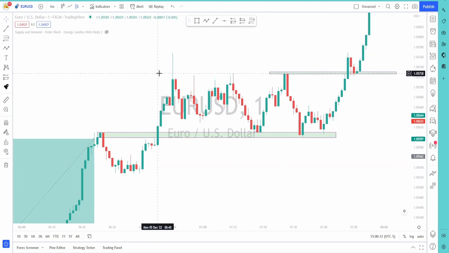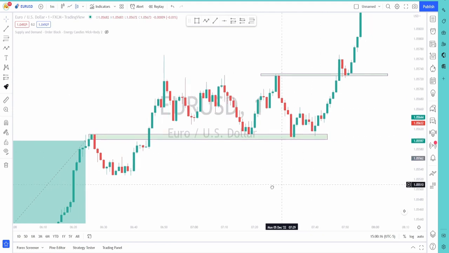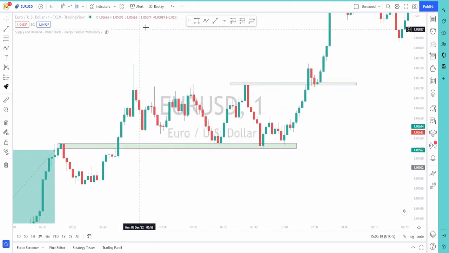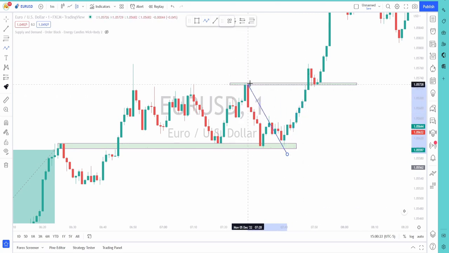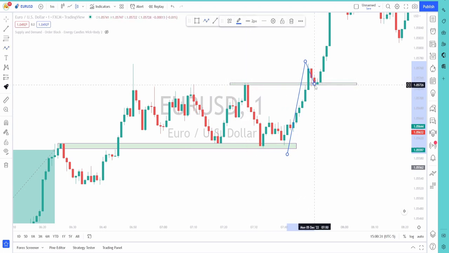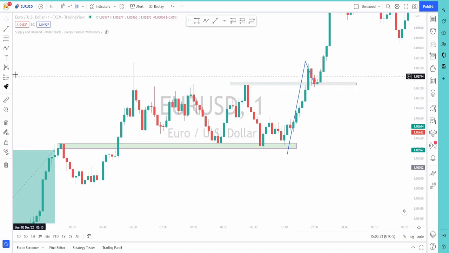You can see how price was bouncing back and forth, not really going anywhere. And then finally, you can see that price decided to shoot above this area, then came back and retested it.